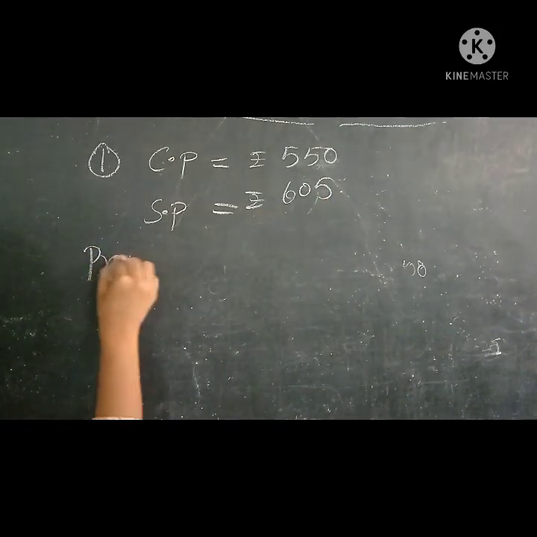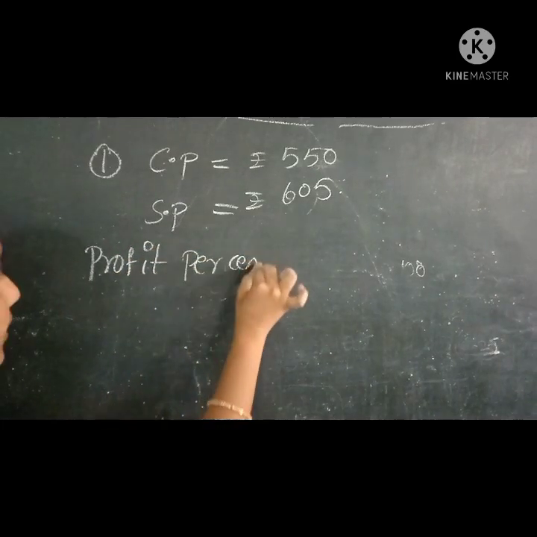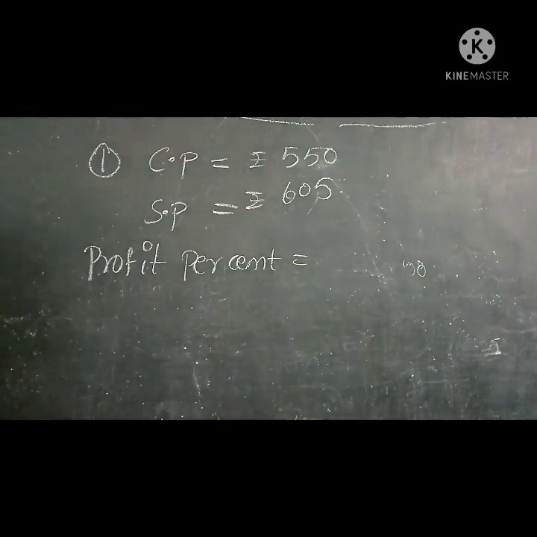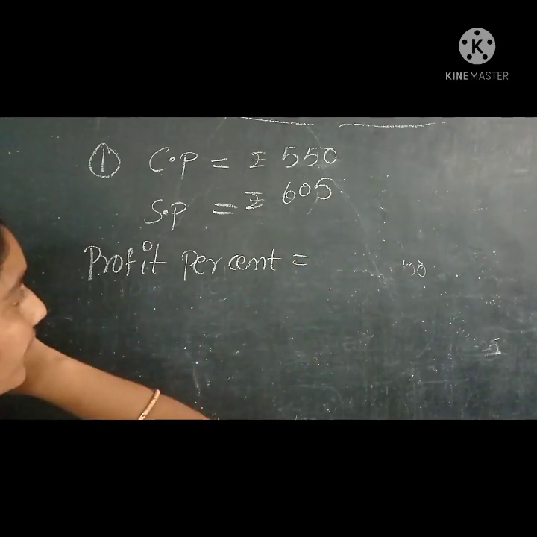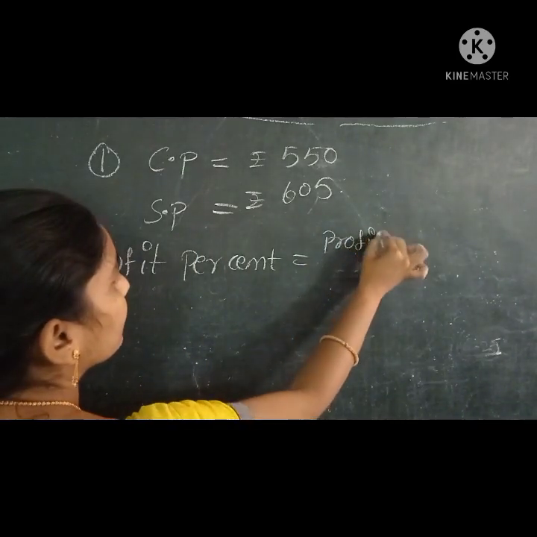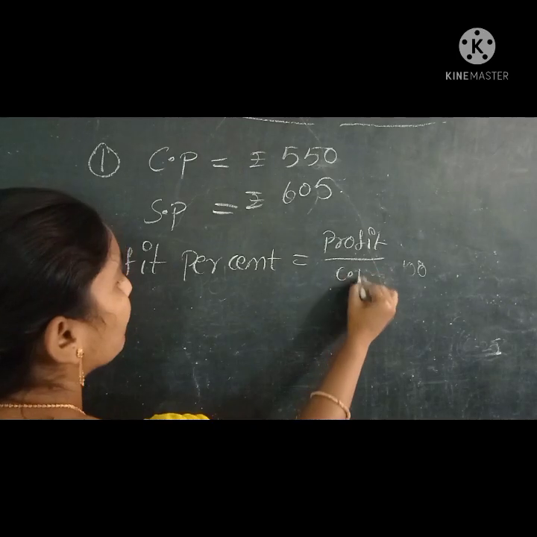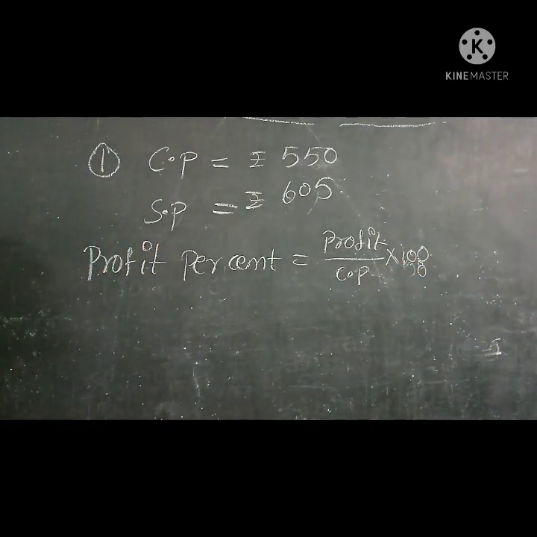So what is the profit percent formula? Profit percent is equal to profit by cost price into 100. Okay now, profit by cost price into 100.